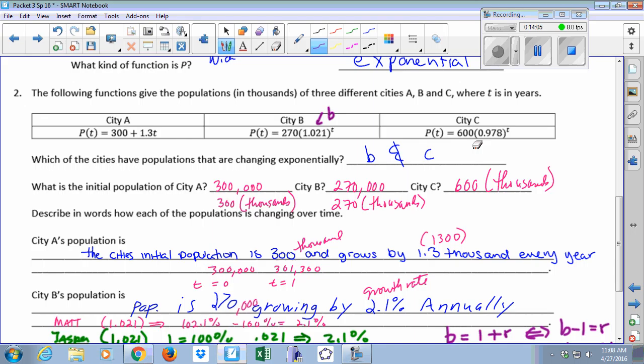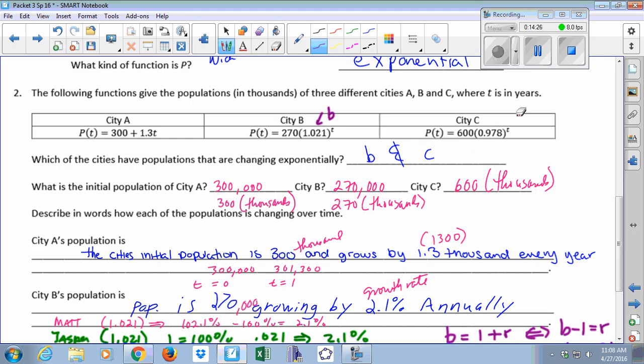It's less than 1. In fact, it's between 0 and 1, right? We want to be a little more specific because we'll never have a negative base. Remember, our base for all our exponential functions is always positive. So whenever we see a decimal between 0 and 1, we know in this case our population's declining. It's getting smaller and smaller.